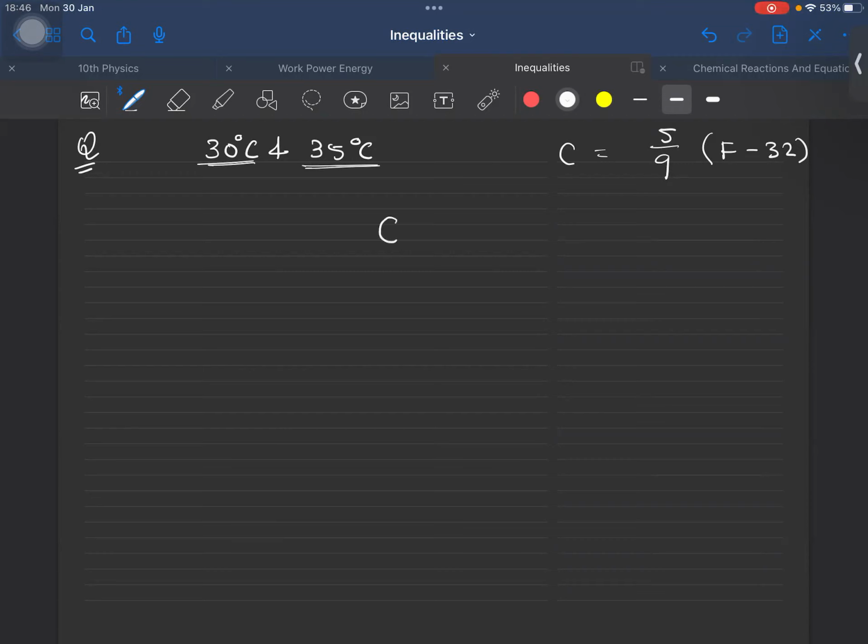The temperature should be greater than 30 degrees Celsius and should be lesser than 35 degrees Celsius. Not equal to, it is just lesser than.